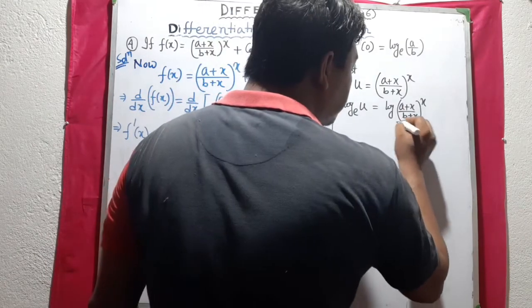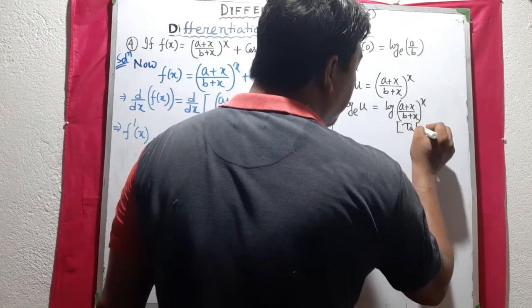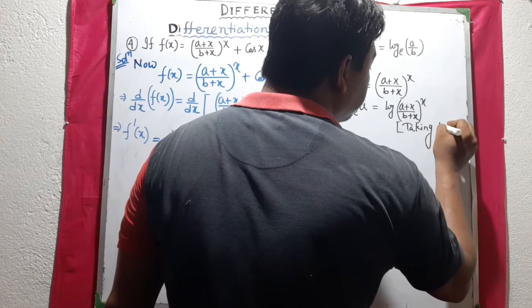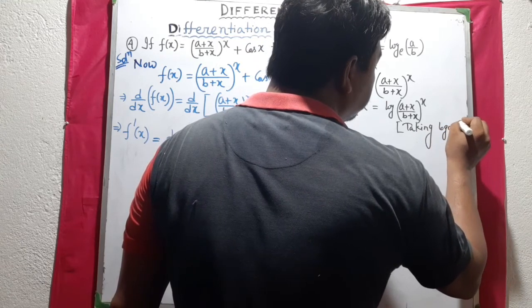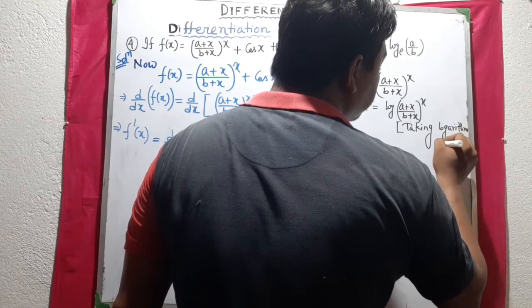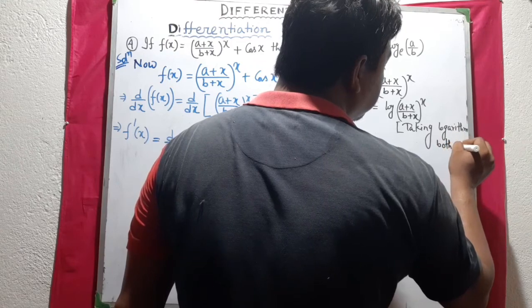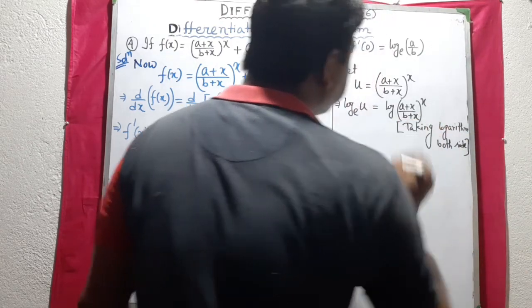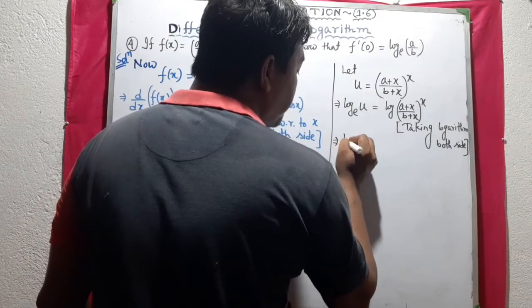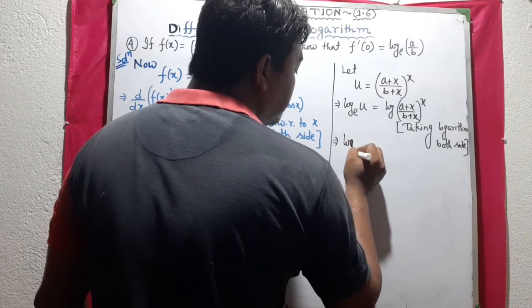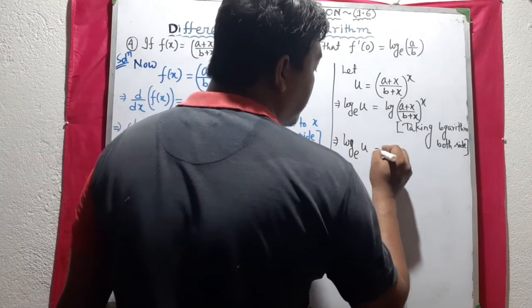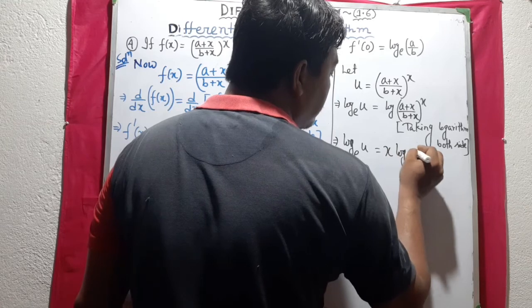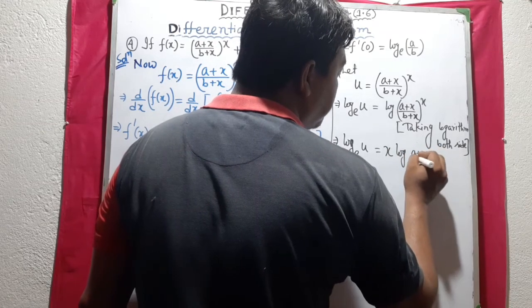Okay, so taking logarithm both sides. So now log base e u equals x log (a plus x by b plus x).